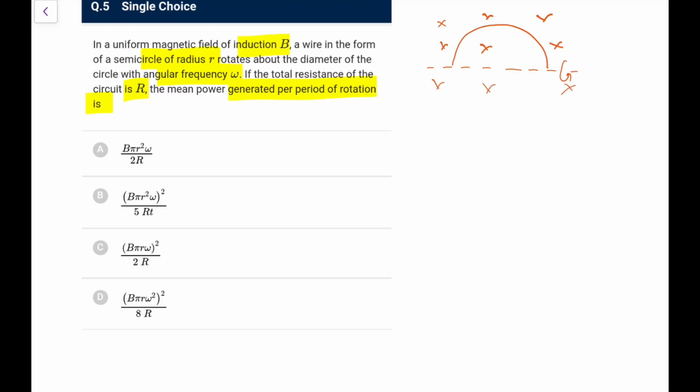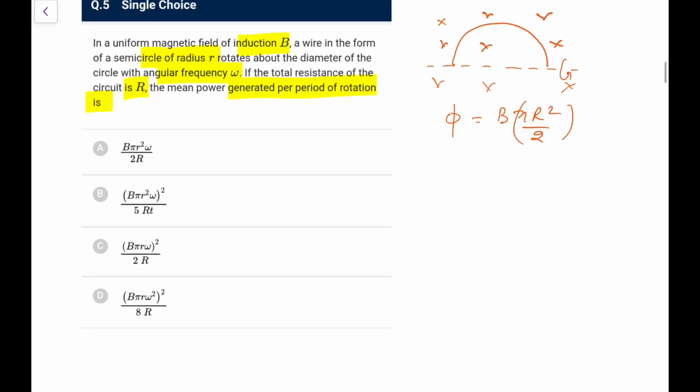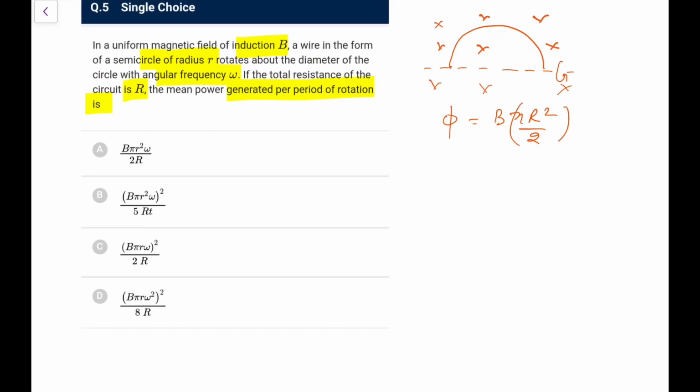First of all, at any instant we can write the flux when it is at angle theta as B into the area, that is B into pi r square by 2, into cos theta.